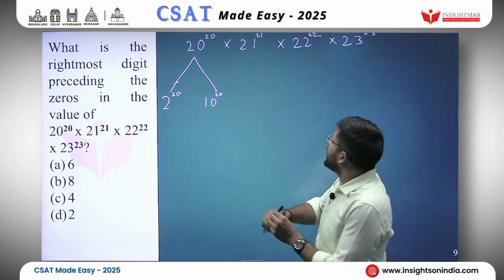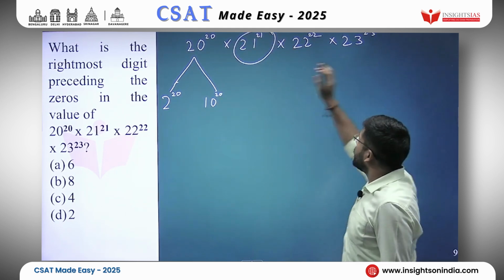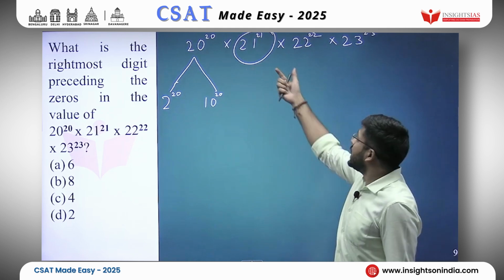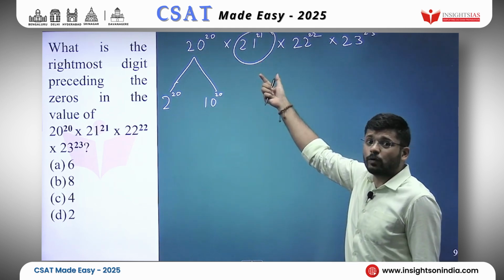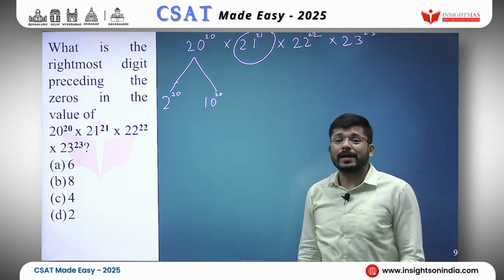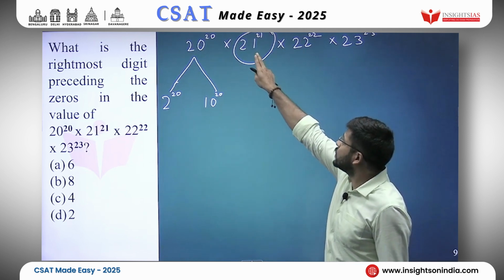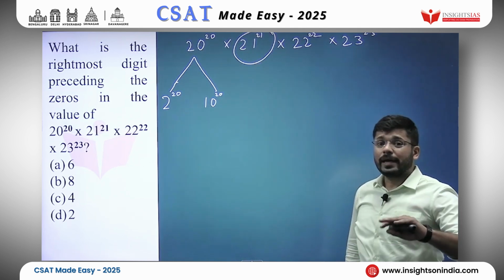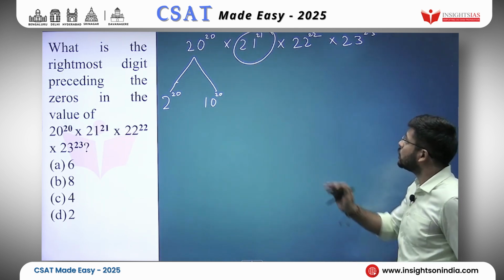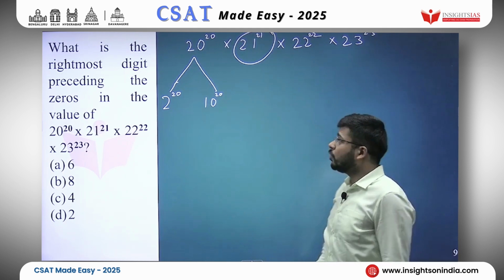So we can actually ignore this number, because whatever the rest of the numbers do, this 21 will not contribute anything to the last digit. Okay, and what about 22 to the power of 22?